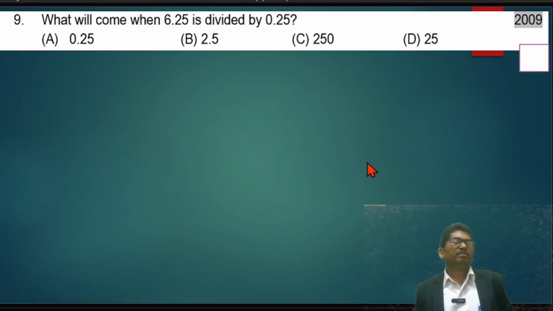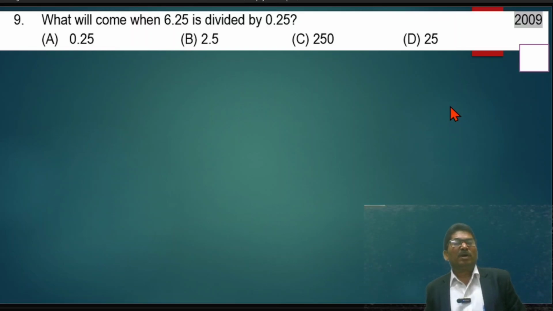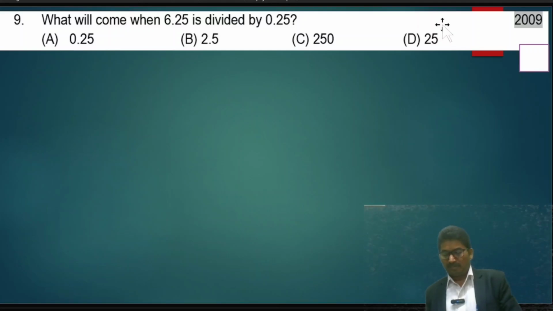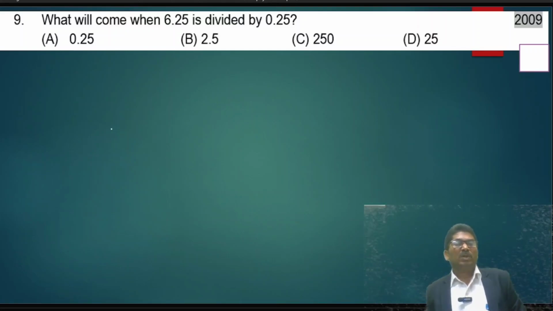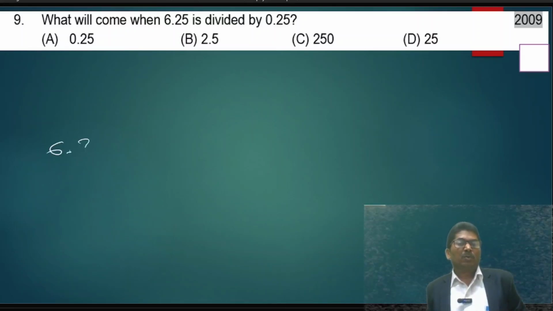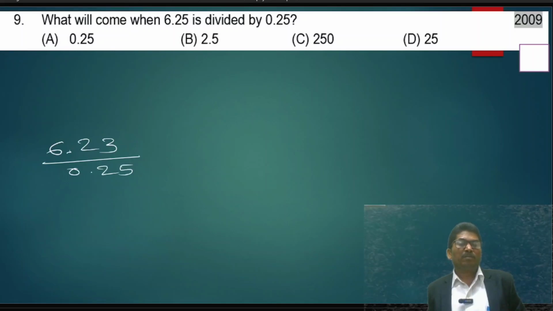Next question. What will come when 6.25 is divided by 0.25? We have to make the denominator a whole number, 2 decimal places. Here also 2 decimal places.